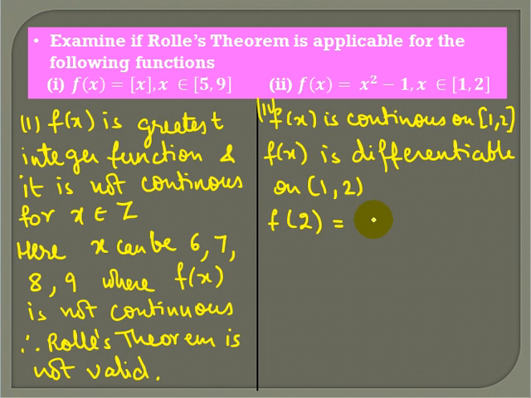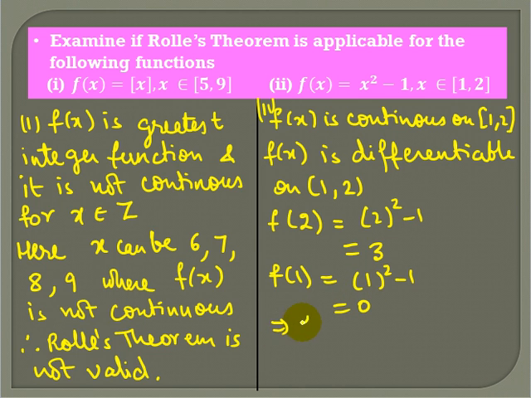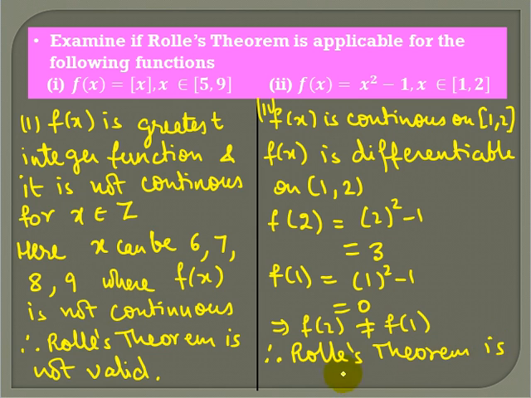So value of the function at 2 will become square of 2 minus 1. That comes out to be 4 minus 1, 3. And the value of the function at 1 comes out to be square of 1 minus 1, which is 0. So see, the third condition is not fulfilled. We can see f(2) is not equal to f(1). So again we can say Rolle's theorem is not applicable or is not valid in this case.